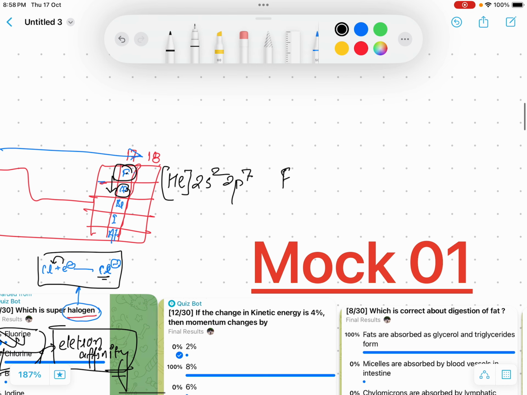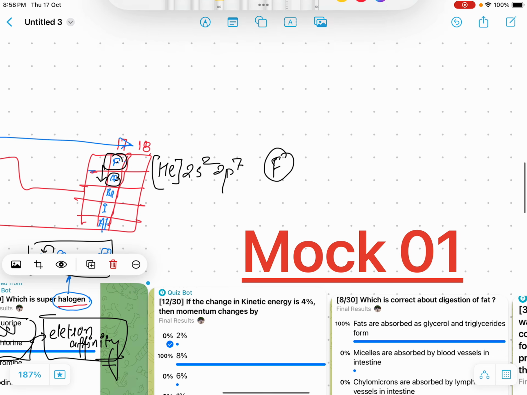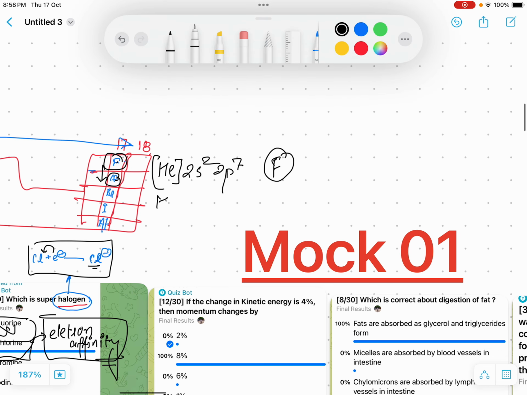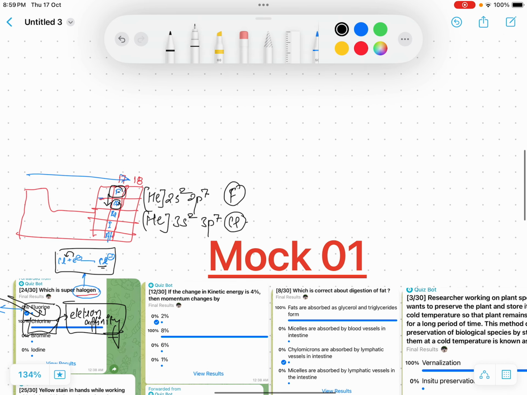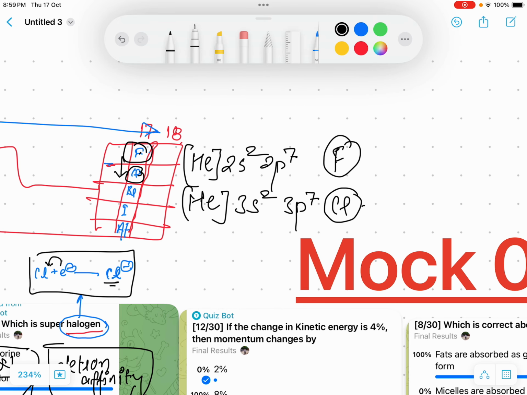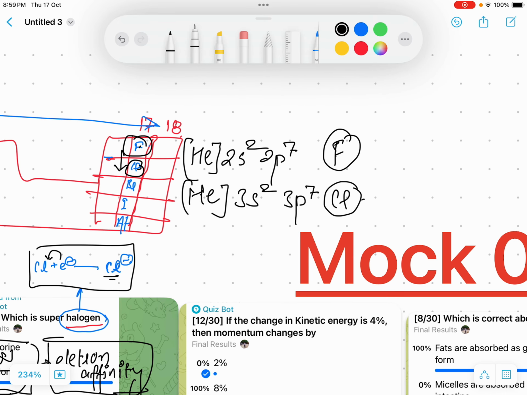So this is the electronic configuration of fluorine. And what is the electronic configuration of chlorine? It is neon 3s2 3p5. So this is the electronic configuration of chlorine. Sorry, I'm very sorry, it is neon, not helium.